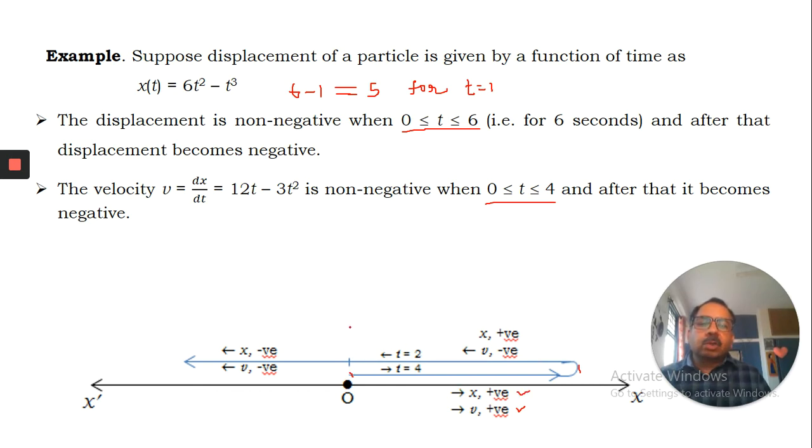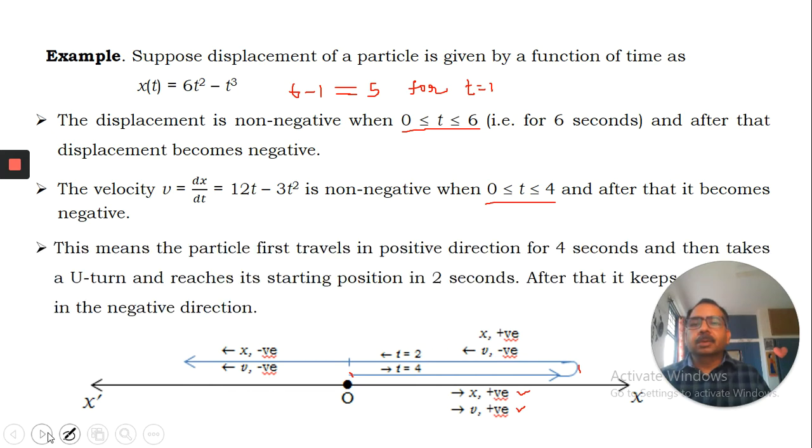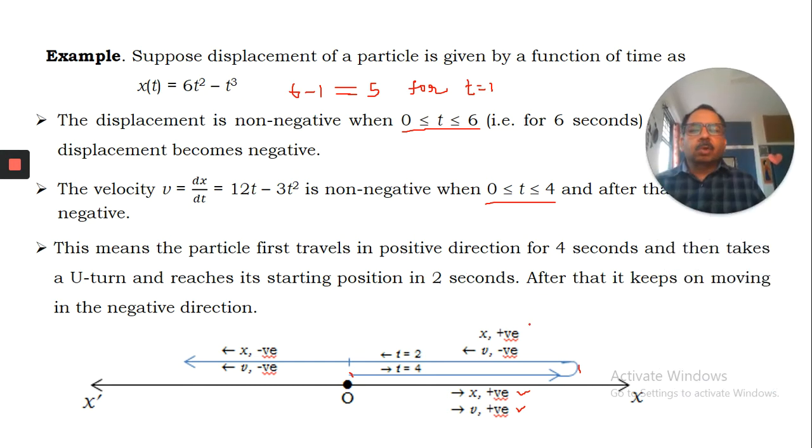Since it travels only 6 seconds in the positive direction, from here to here it will take 2 seconds, and the velocity will be negative during these 2 seconds. After that it keeps on moving in the negative direction. So in the negative direction, x is negative, v will be taken as negative.